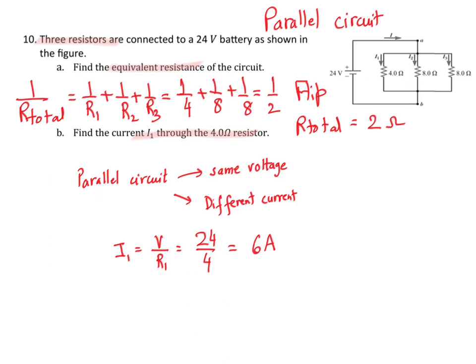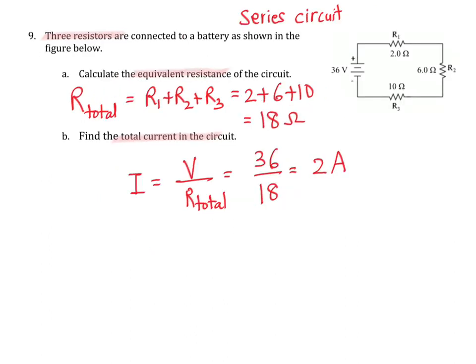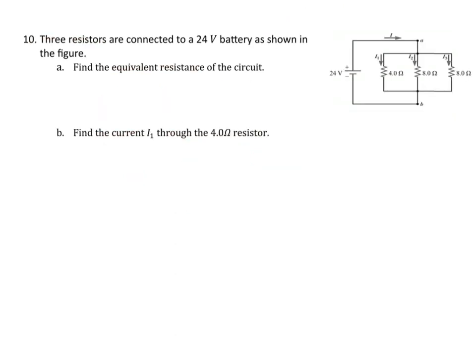But if you remember in the previous question, we said in series the current remains the same. So whatever you have the total current found for the circuit, that's the current which is flowing for each resistor. So remember this part, how the current in series remains same and in parallel the current will be different.